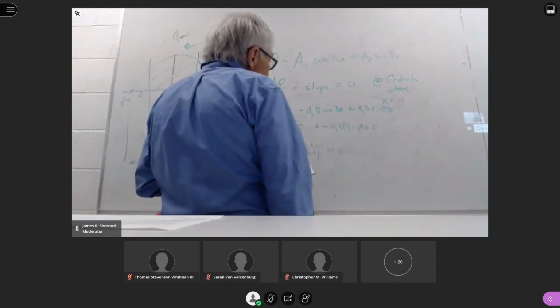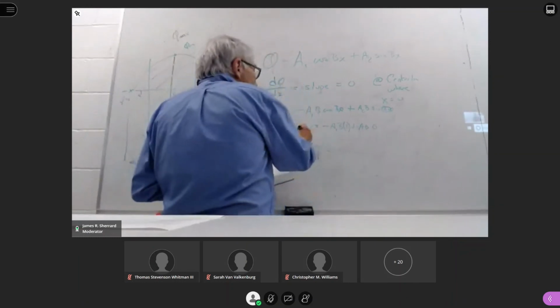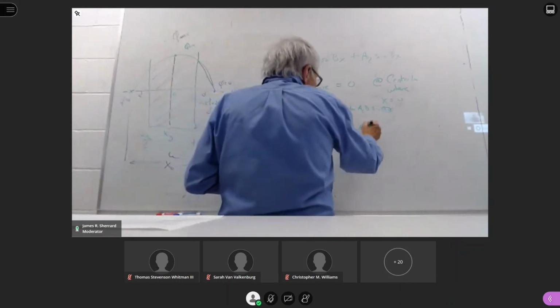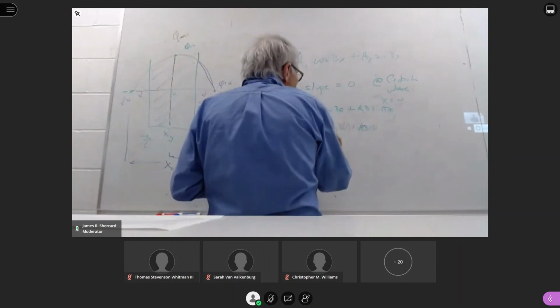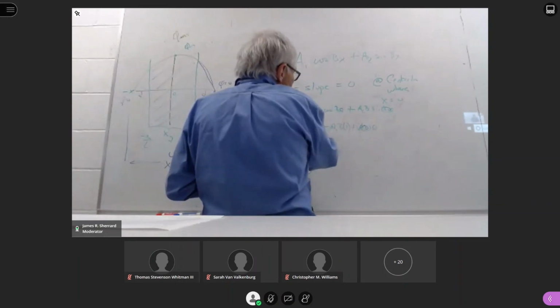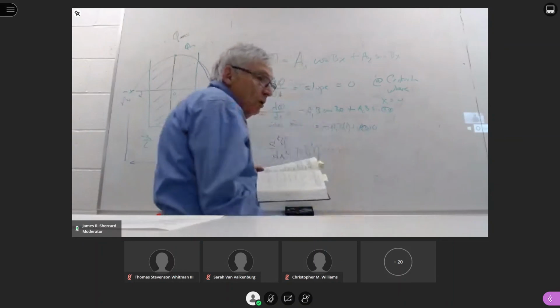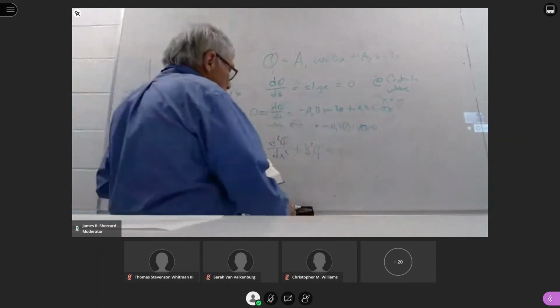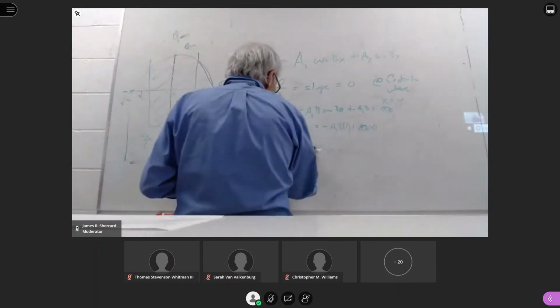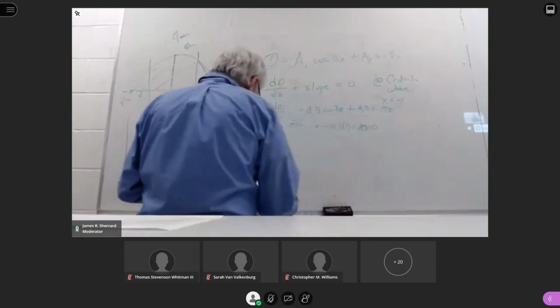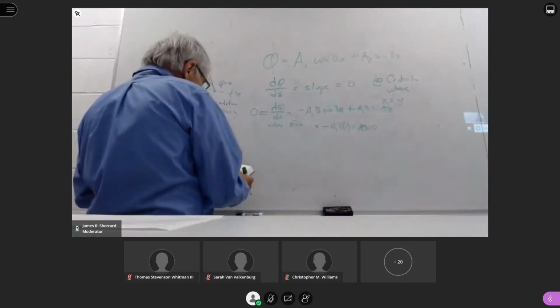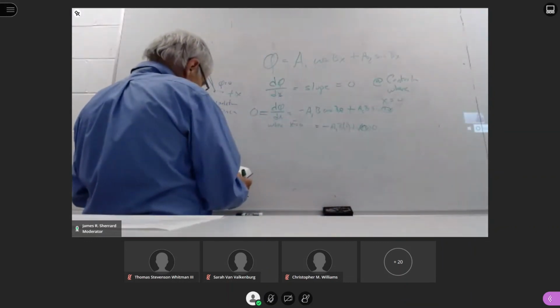Using logic on this, if this is 0, then either one of your arbitrary constants of integration is 0 or buckling is 0. We can't have buckling equal to 0, so that makes one of your constants go away.